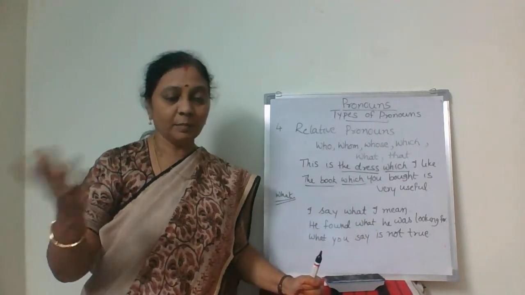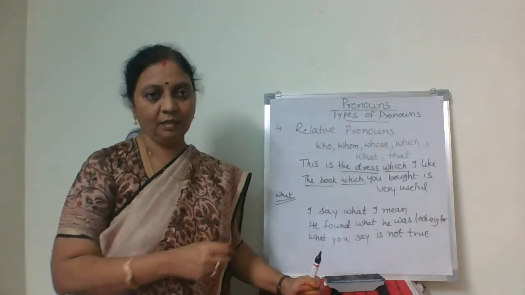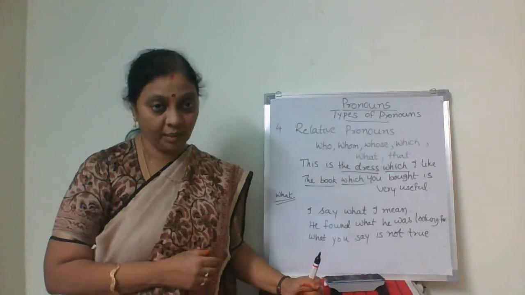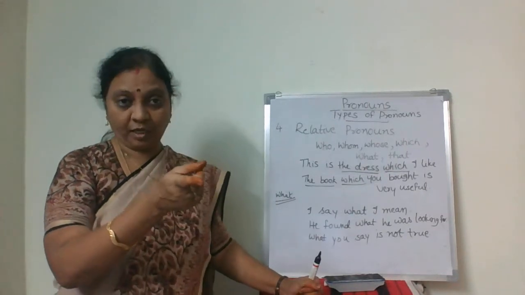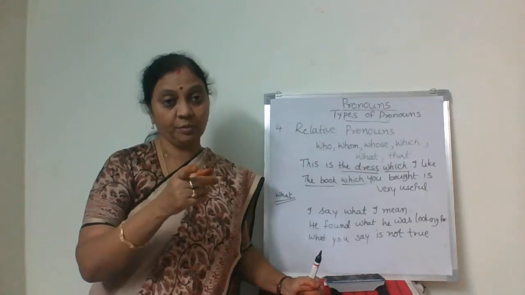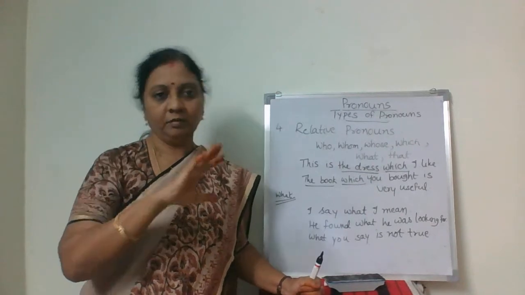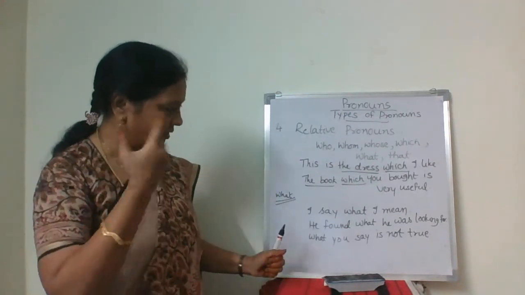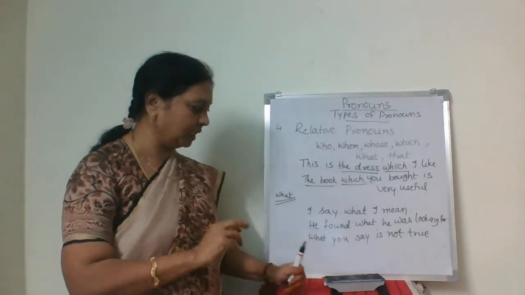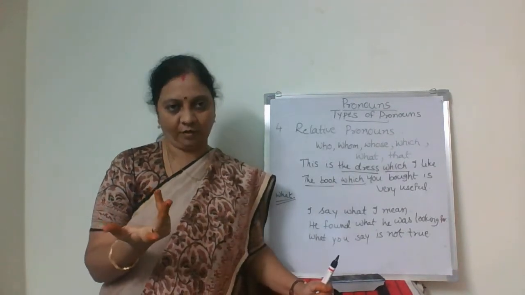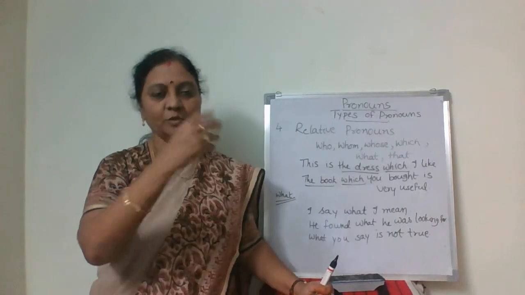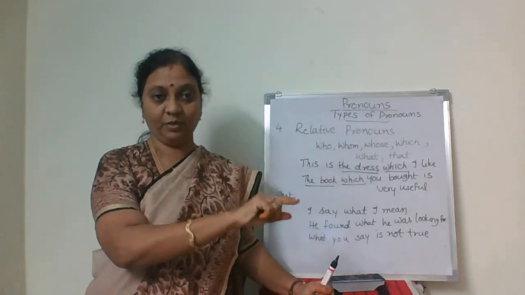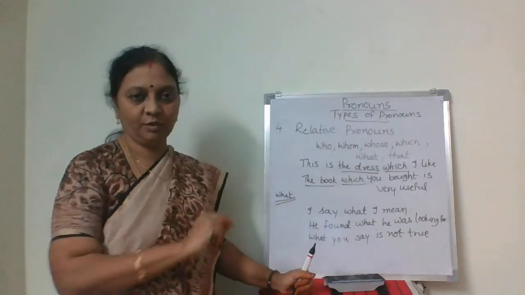But the other person does not know exactly what you mean. What you say is not correct. What you say is not true. What is used for something, but not specifically. He found what he was looking for. He was looking for something and he got it, but we don't know what that was. In such cases we use what.